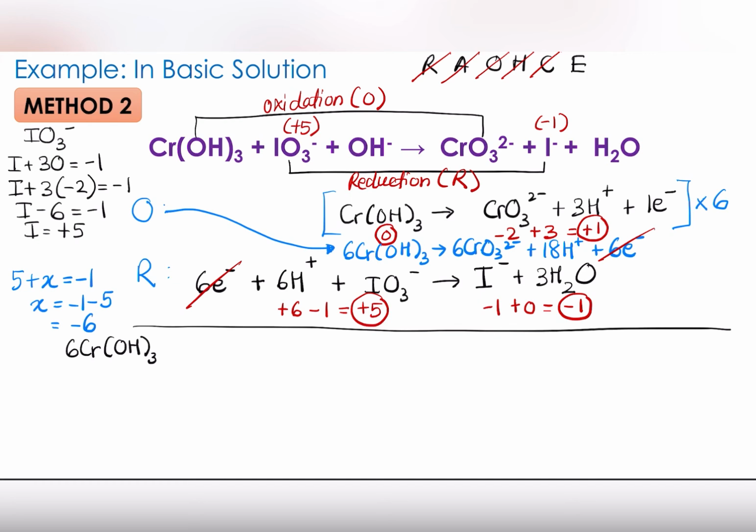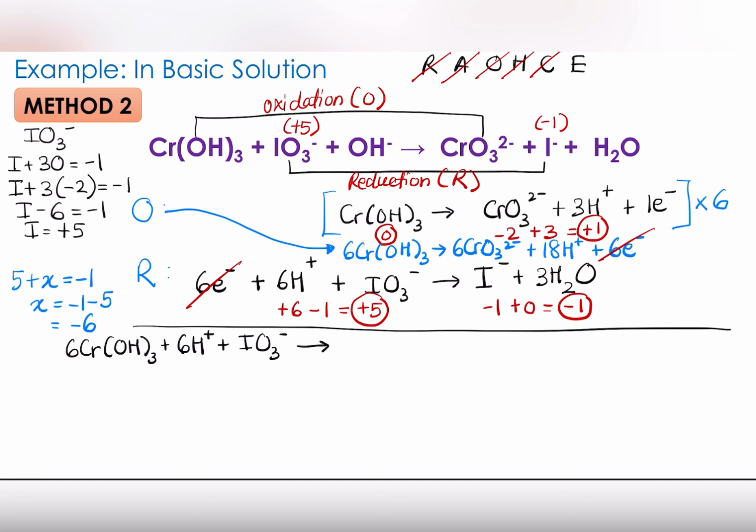Okay, I got 6H+. Plus 6H+. And then I have IO3 minus here. So plus IO3 minus. And then settle for reactant.